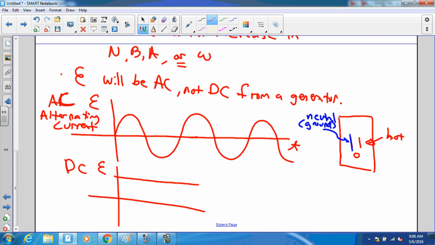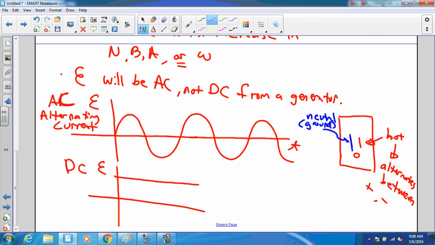It is this hot one that is going to experience the time varying voltage that you see. It is going to alternate between positive and negative.